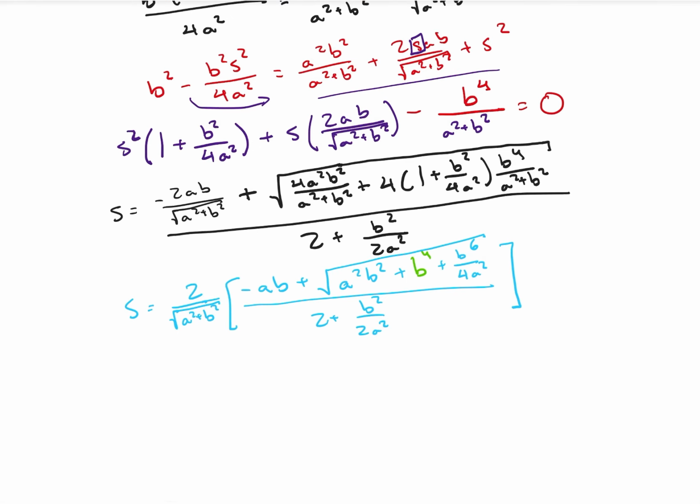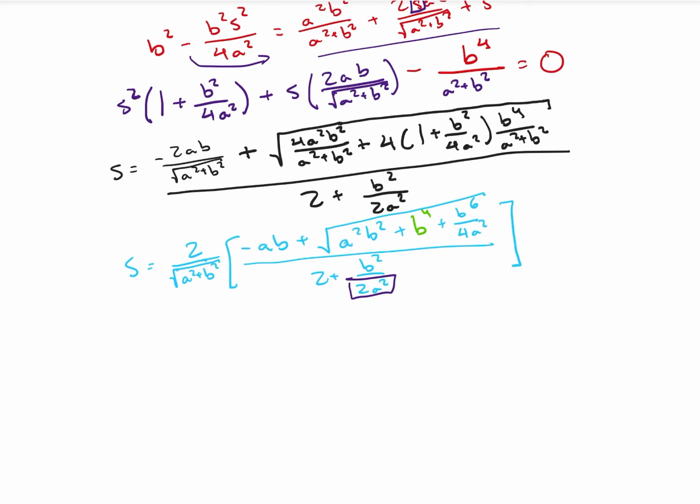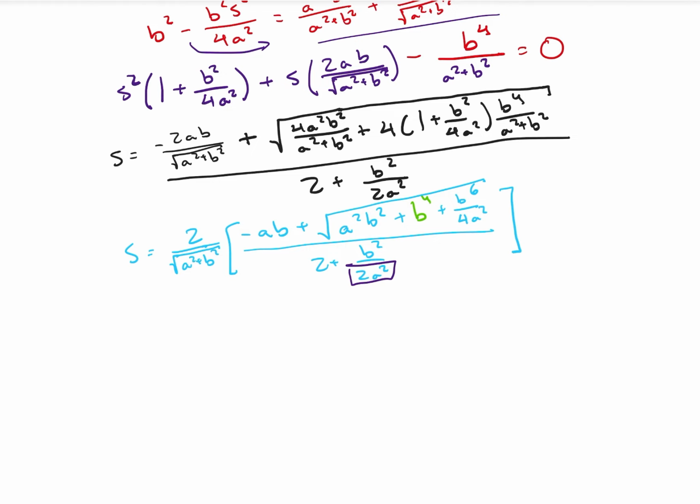Then what I can do is let's try to get this guy out of there and make this a little bit, we'll call it cleaner. It's just going to be different. So s is going to be 2 over the square root of a squared plus b squared times, we'll multiply that 2a squared, so it's going to be negative 2a cubed b plus the square root, and now we have 2a squared going under the radical, so that's going to be 4a to the fourth.